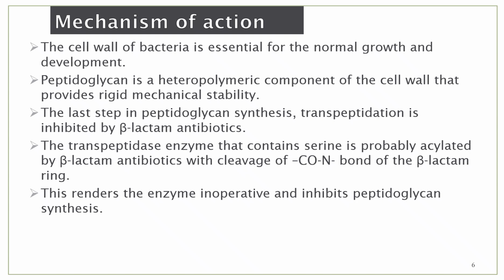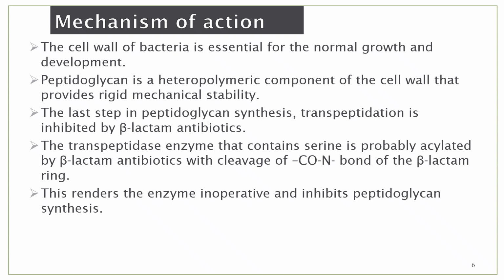The last step in peptidoglycan synthesis, that is transpeptidation, is inhibited by beta-lactam antibiotics. The transpeptidase enzyme that contains serine is probably acylated by beta-lactam antibiotics with cleavage of the C-N bond of the beta-lactam ring. This renders the enzyme inoperative and inhibits peptidoglycan synthesis.